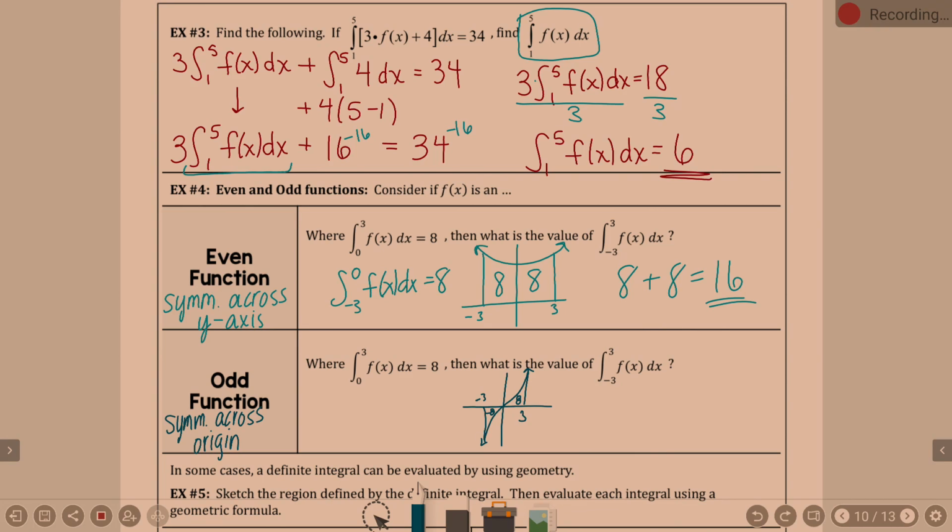So the integral from negative 3 to 0 of f of x dx would be equal to negative 8. And 8 plus negative 8 would be 0. Those facts are good to know, good to understand, right? And we're ready to do some area. It's all about area by hand today, pretty much.